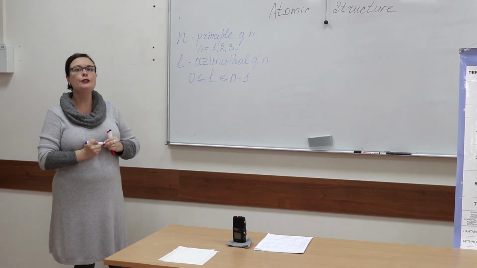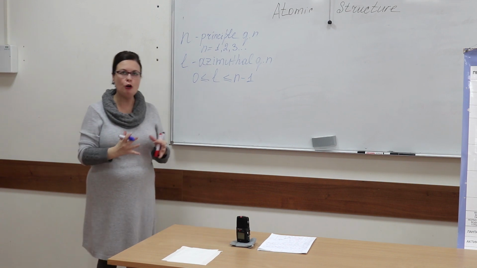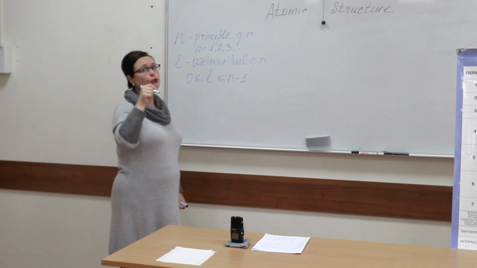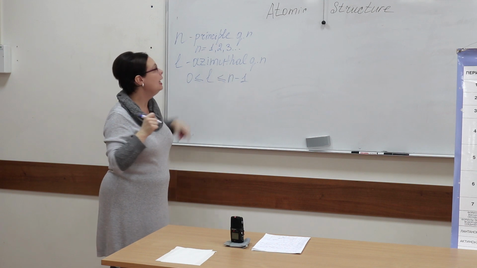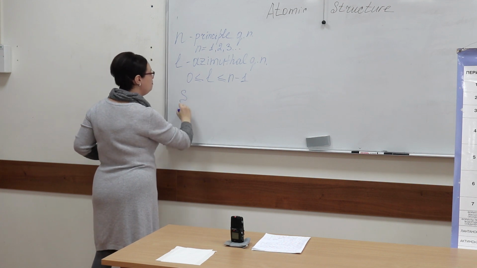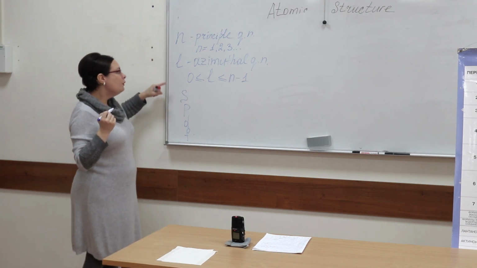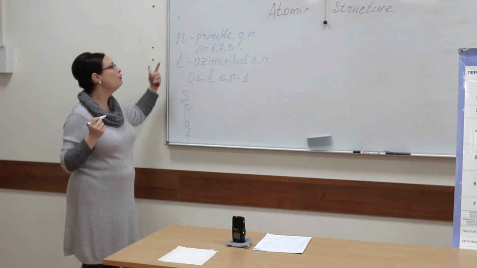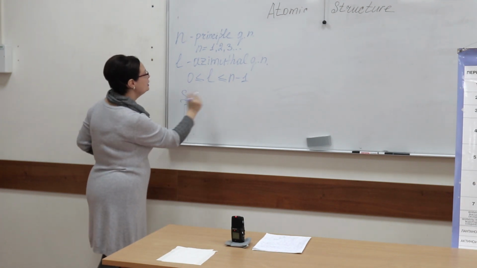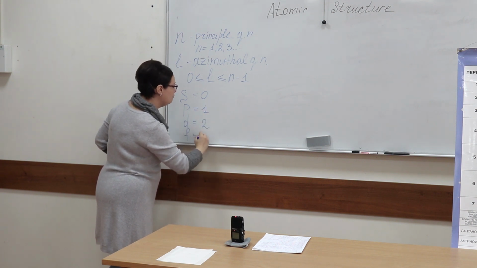And it shows the shape of the orbital, which we can imagine in our mind. From school you know that the azimuthal quantum number is expressed by the letters s, p, d, and f. Giving the numerical expression for the azimuthal quantum number, we can say that s is equal to 0, p is equal to 1, d is equal to 2, and f is equal to 3.